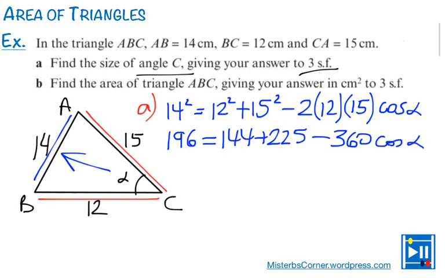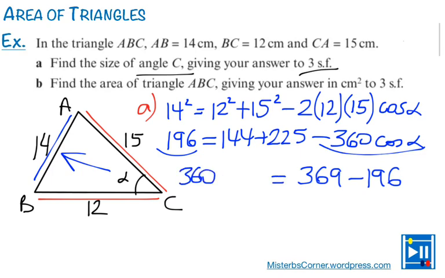Right, 144 and 225 makes 369, where in the meantime I swap 360 cosine alpha and 196, so this will be equal to 360 times cosine alpha.